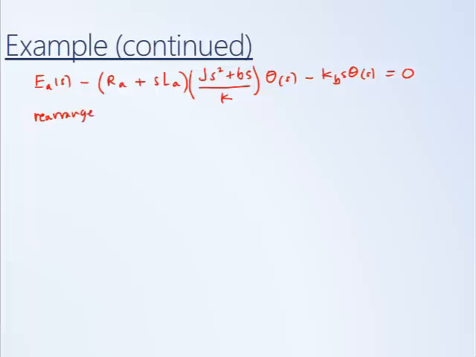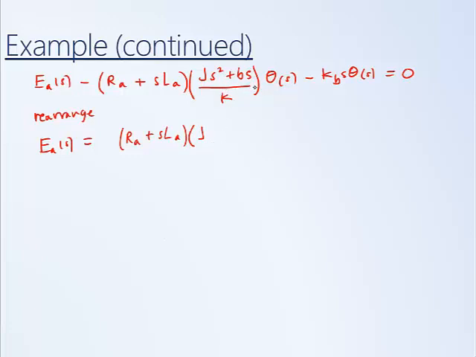So in order to do that, I'll go ahead and keep the EA of S on the left hand side, and I'll move these terms with theta of S to the right hand side. So this negative, I'll add it over, it'll become positive. This negative, I'll add it over, it'll become positive. So I'll have the quantity R sub A plus S times LA. JS squared plus BS.